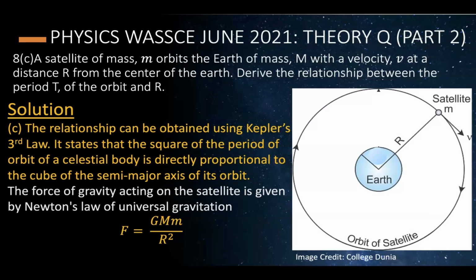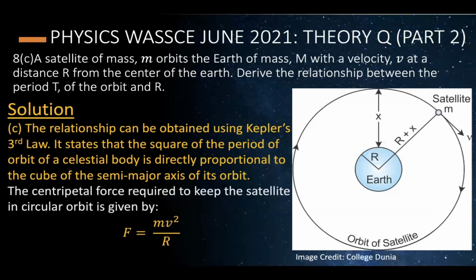But for the sake of this, you can keep it simple, just like in this diagram. So when you think about Newton's gravitational force acting on the satellite, and you think about the centripetal force required to keep the satellite in circular orbit, what comes to mind?